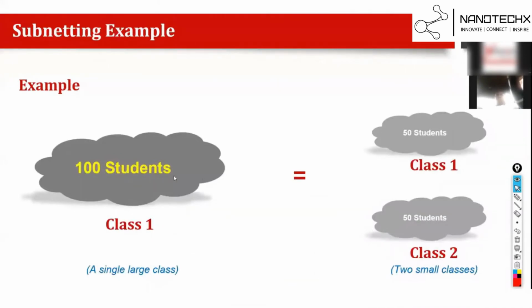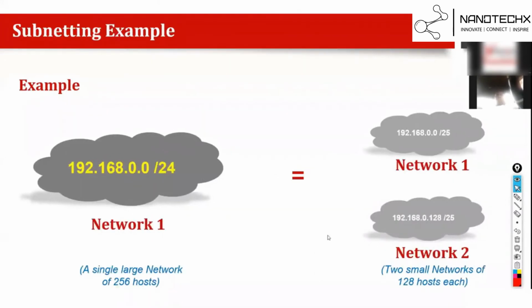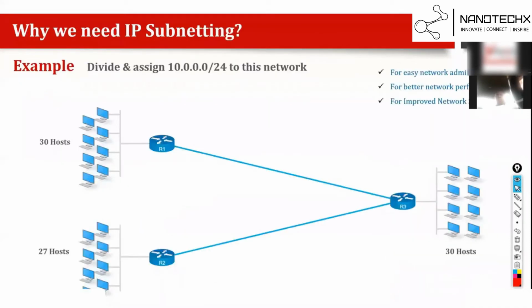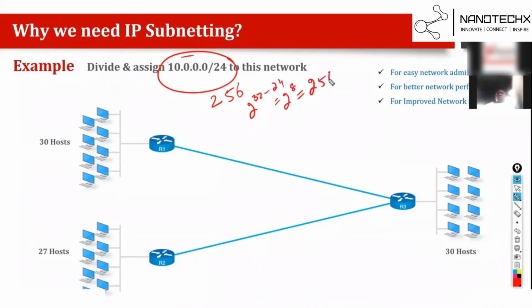After that, we discussed how to divide a big network into 2 small networks and why we need to do all of this. Today we are going to do the same thing and learn how to divide this whole network. For example, if we are given 10.0.0.0/24, this gives us 256 hosts, because we already know how to calculate the number of hosts, which is 2 raised to power 32 minus mask. Mask is 24, so this is 2 raised to power 8, which gives us 256 hosts. I hope it's very easy for you now after yesterday. So these 256 hosts we need to divide into 5 networks.